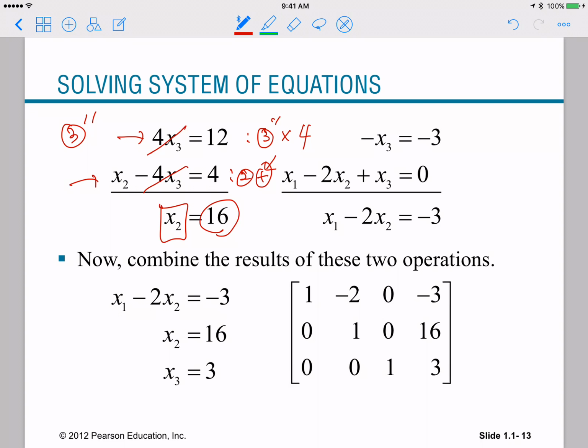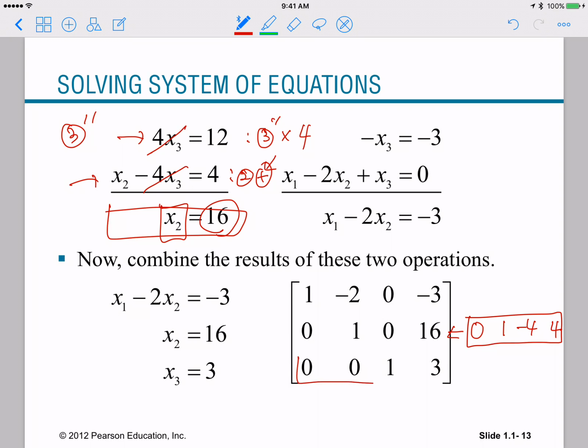And then this process can be viewed as this. So we originally had 0 and 1, minus 4 and 4 as the second row, right? And then this second row was replaced by the new equation of this, right?